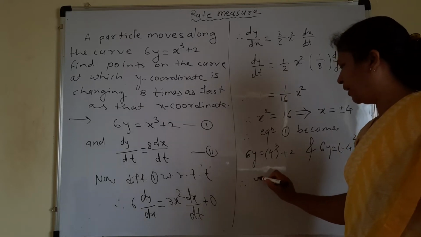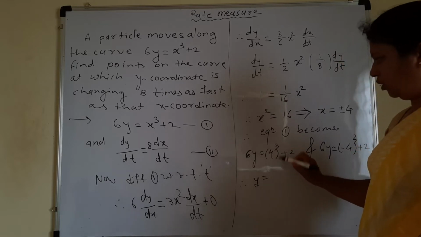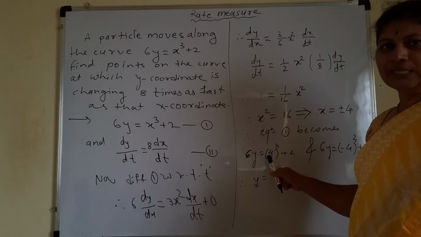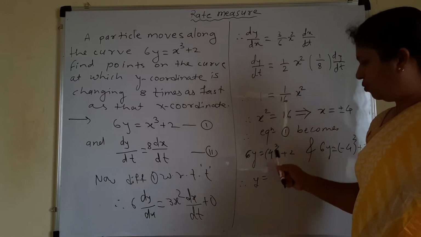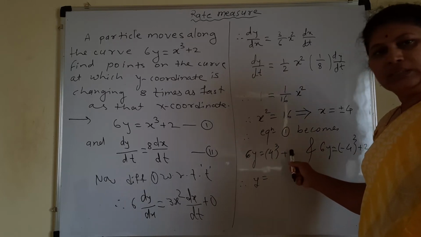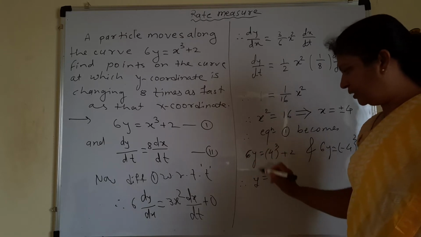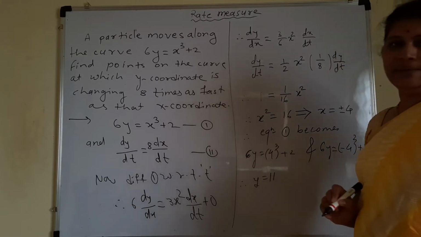Therefore here, for x is equal to 4, y is equal to 4 cube. 4 4s are 16, 16 4s are 64, 64 plus 2 is 66, 66 upon 6, that is equal to 11.